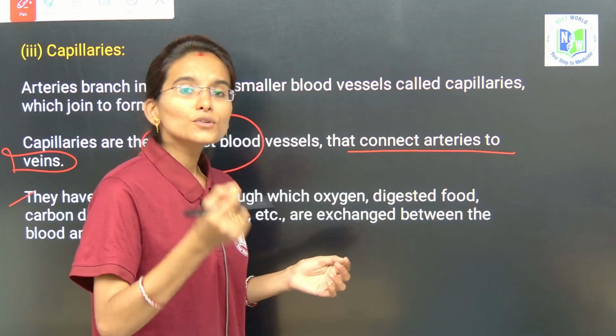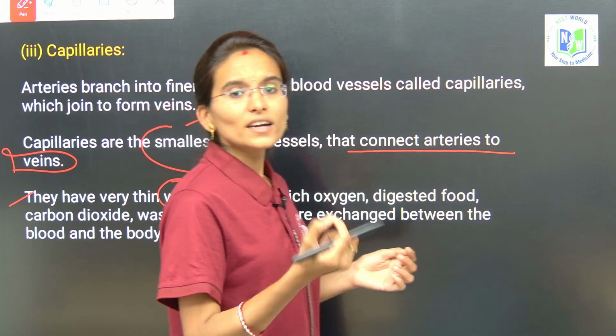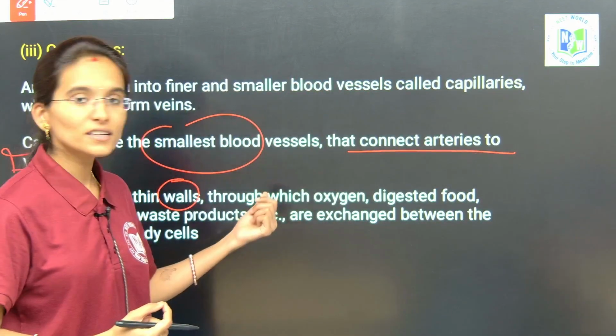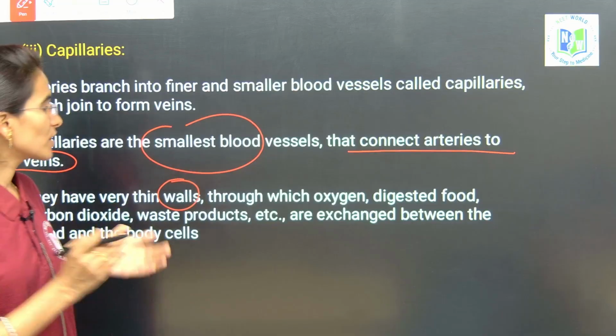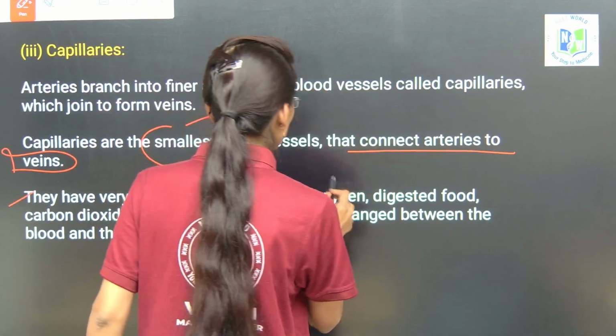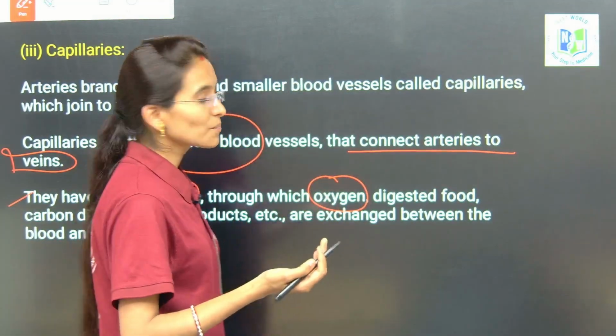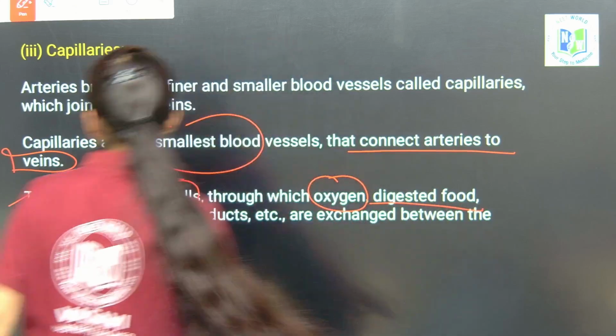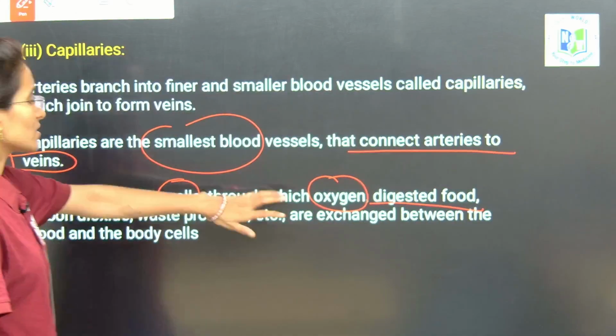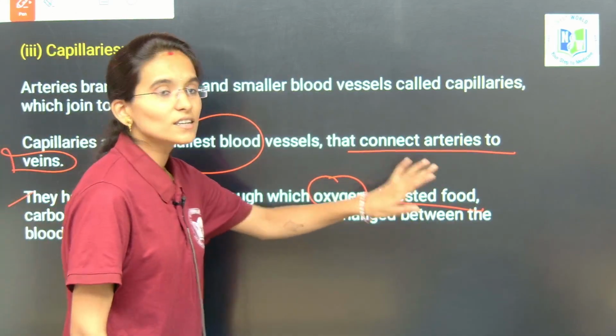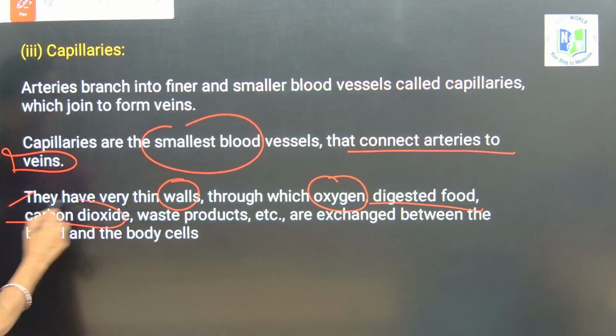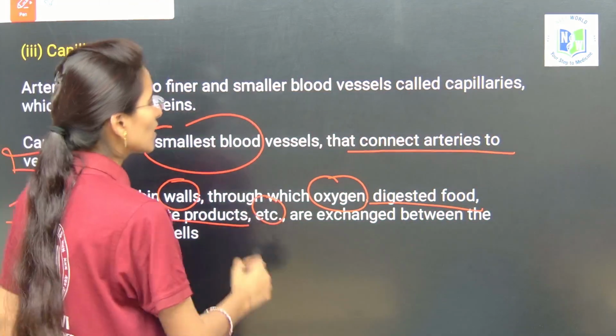Due to the presence of very fine, thin walls, the capillaries perform important functions like helping in the exchange of gases and digested food. Through them, oxygen, digested food, carbon dioxide and waste products are exchanged.